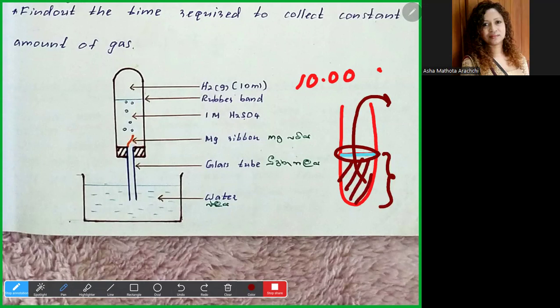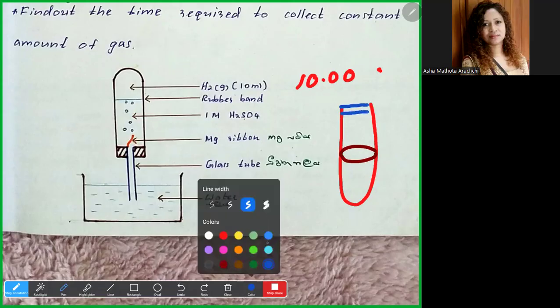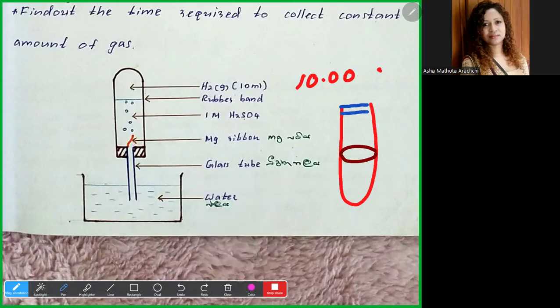Now we have the mark here. Now we are fixing this little cork here, and to that cork we are fixing this glass tube.